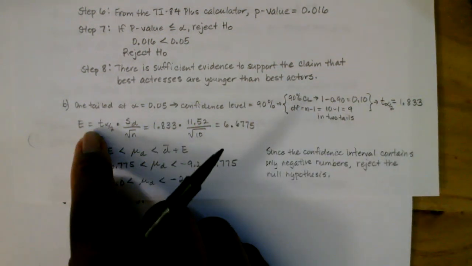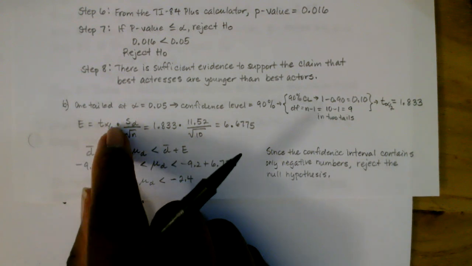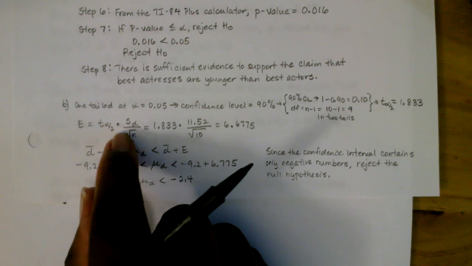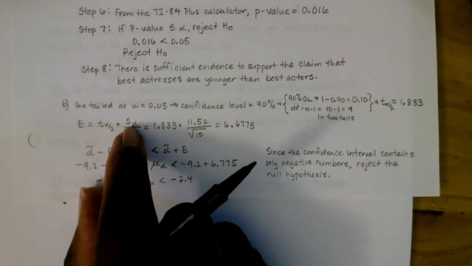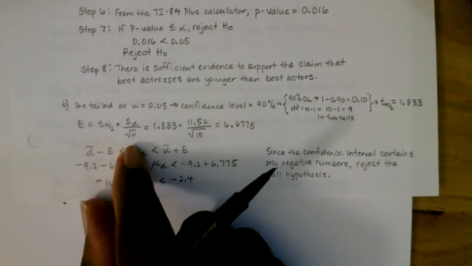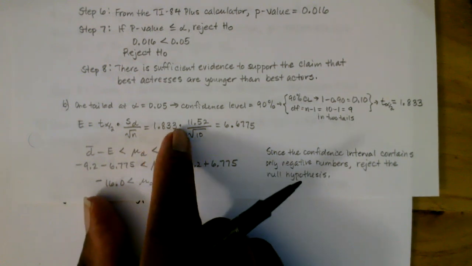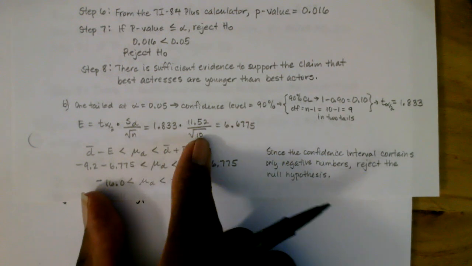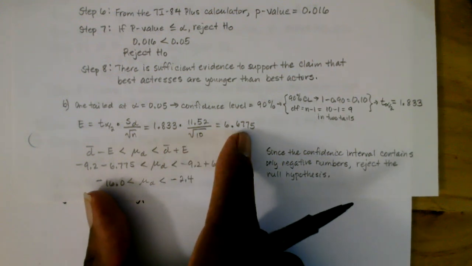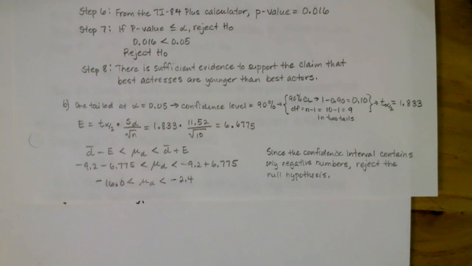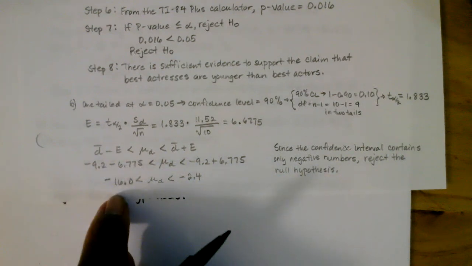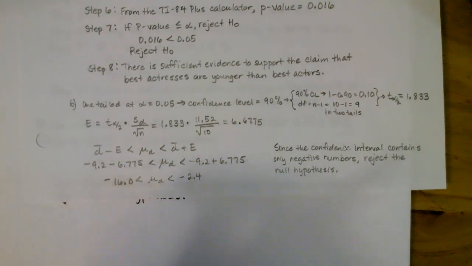Now to find the margin of error, I could use that test statistic times the standard deviation of the differences divided by the square root of n. So 1.833 times 11.52 divided by the square root of 10 gave me 6.6775.